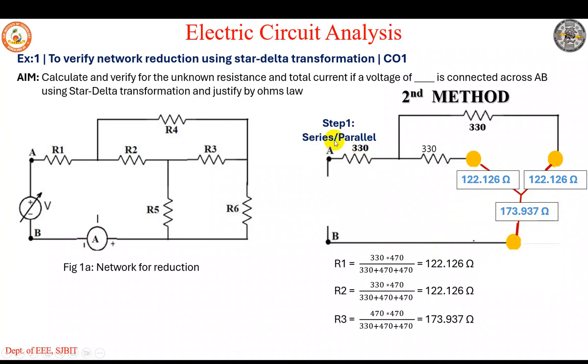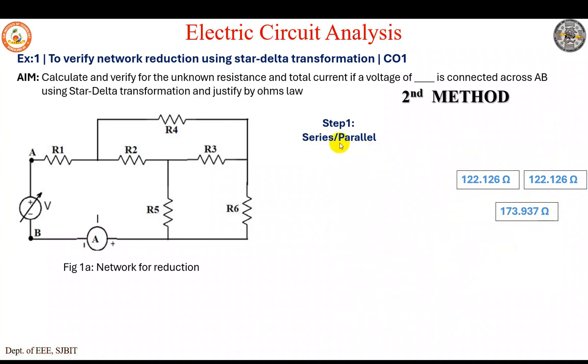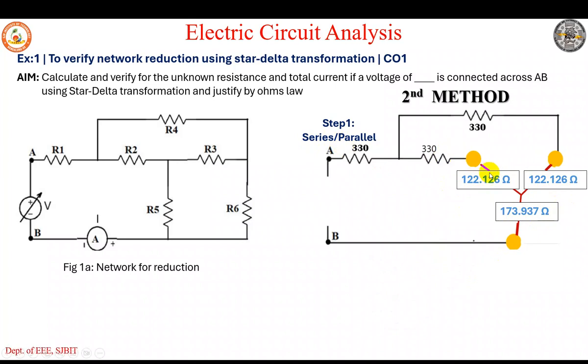Now what do we do? Step 2, analyze for series parallel: which are in series, which are in parallel. So this 330 and 122.126 are in series, and this 330 and 122.126 are in series, right? Once the current enters this, the same current flows through 122 also.